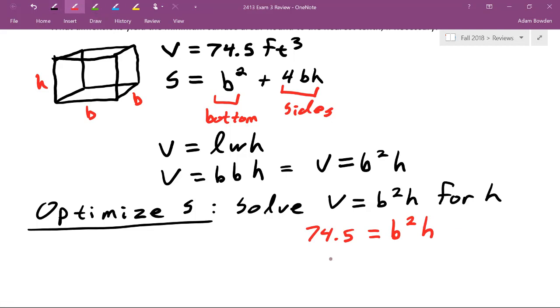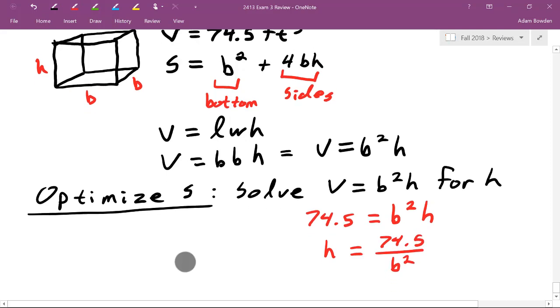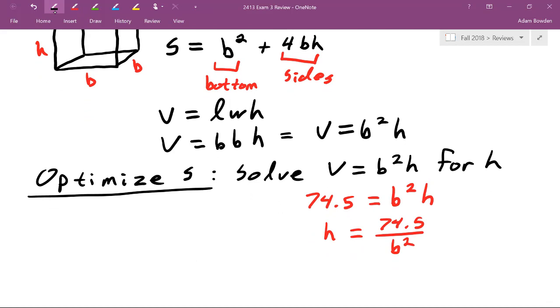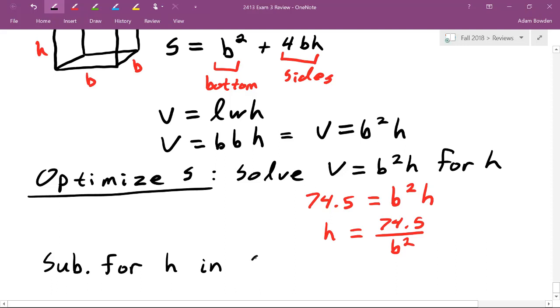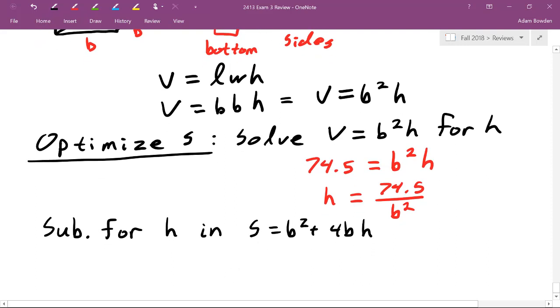If we divide out the B squared, we'll have H is equal to 74.5 all over B squared. And what we're going to do is substitute for H in the surface area formula. That way it can be written in terms of the B variable alone.